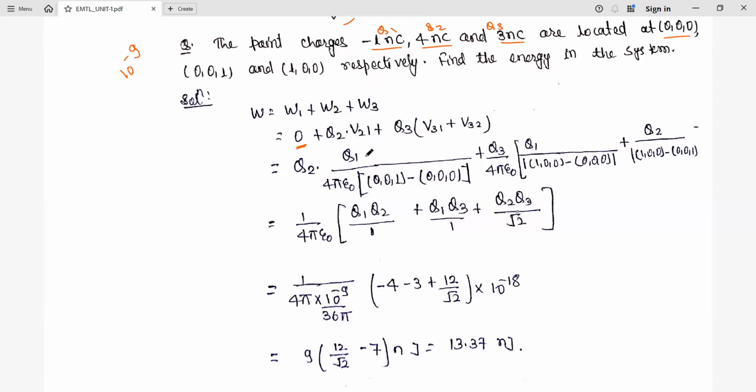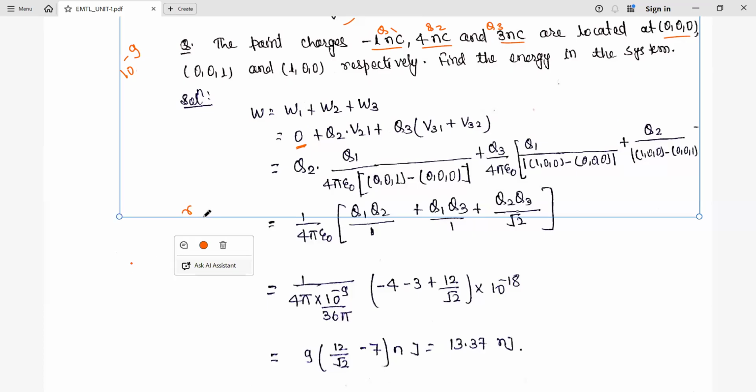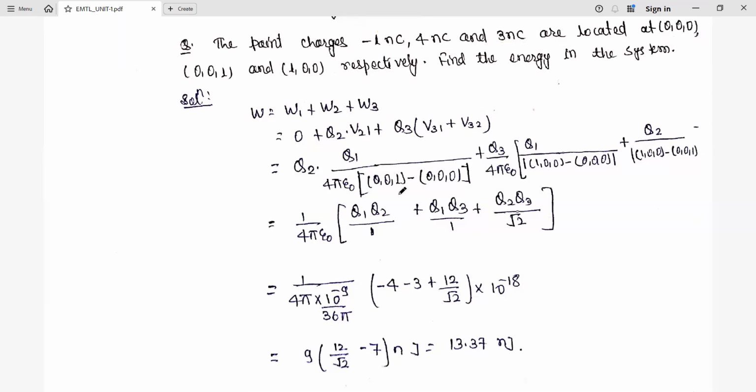Now this is the expression for the potential due to charge Q1: Q1 by 4 pi epsilon naught R, where R is the point where we are trying to find it. So with respect to that point, this is the location of Q2.